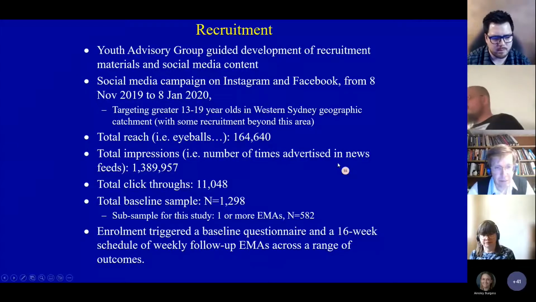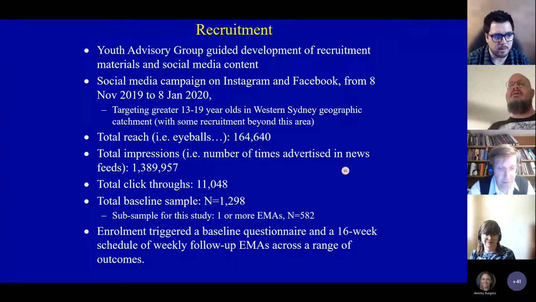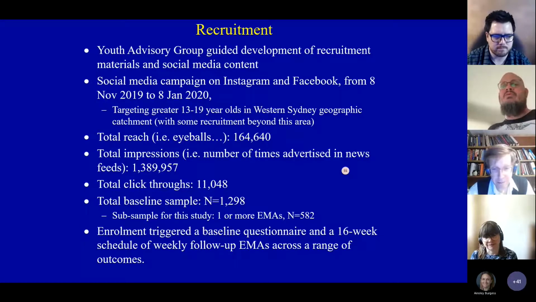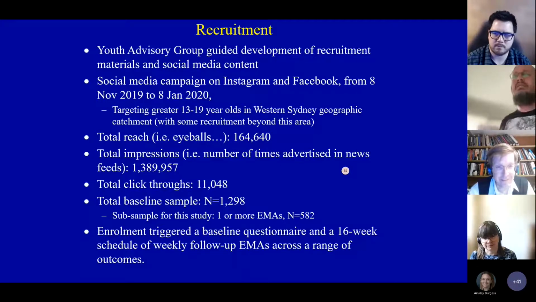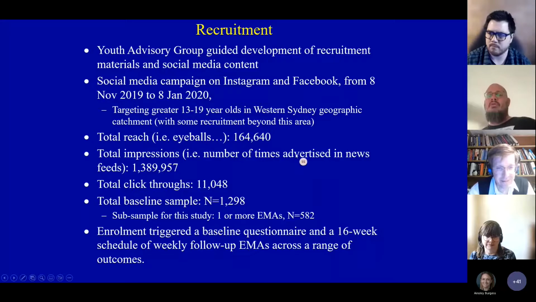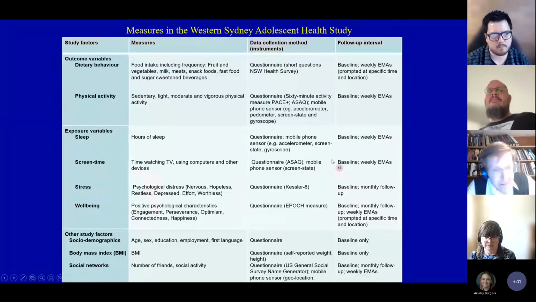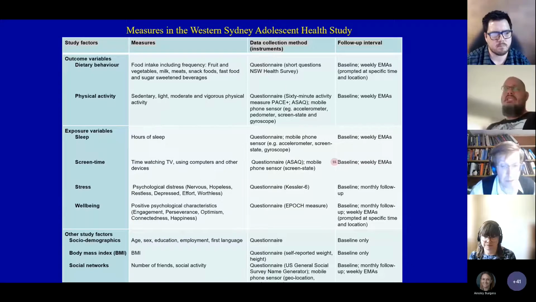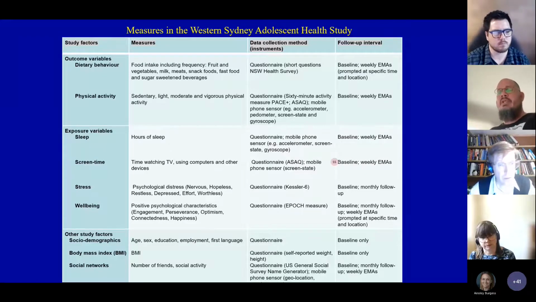The recruitment is not my main part here. Maybe Luis can talk more about this. But it was through a social network and internet-based campaign to recruit participants. We got about 1,300 participants initially, and 500 of them had at least one EMA following the baseline.